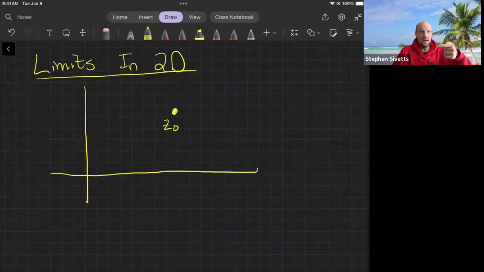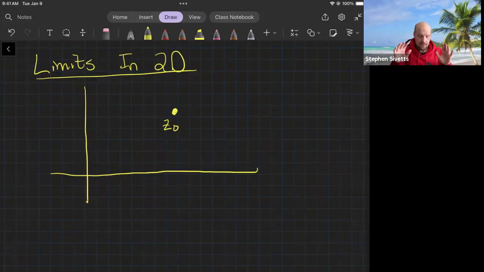You can approach it from the left, or to the right. I'm not sure if this camera is mirrored, but you get what I mean. So there's two directions. You approach a point from the left or from the right. And if the limits equal each other, then you can say the limit exists.